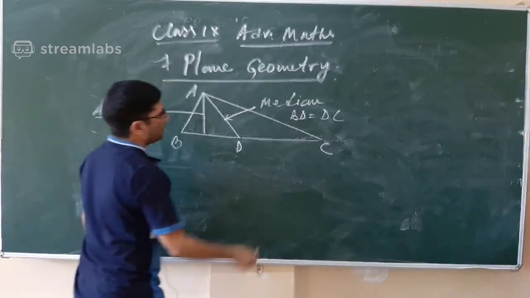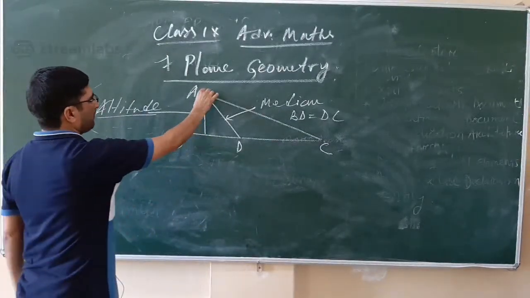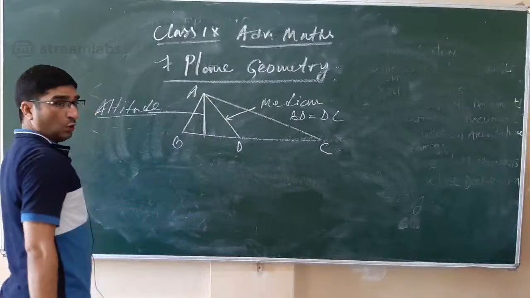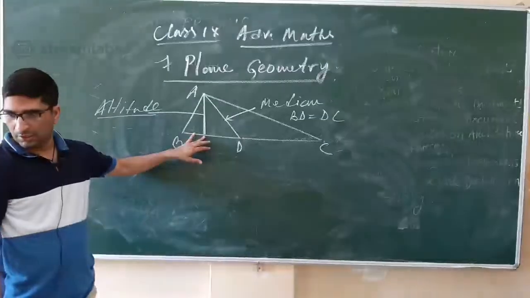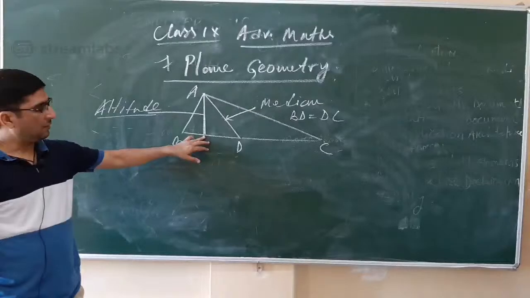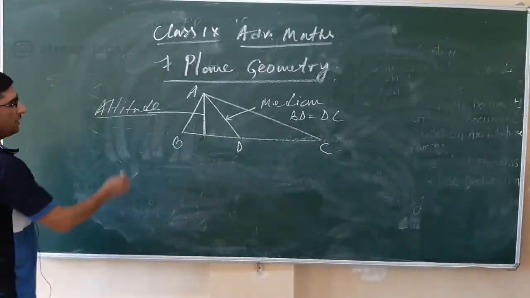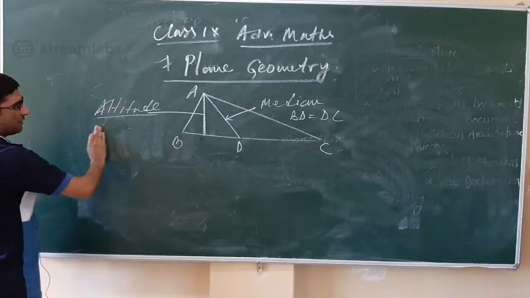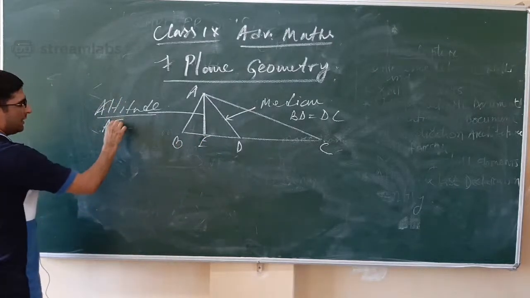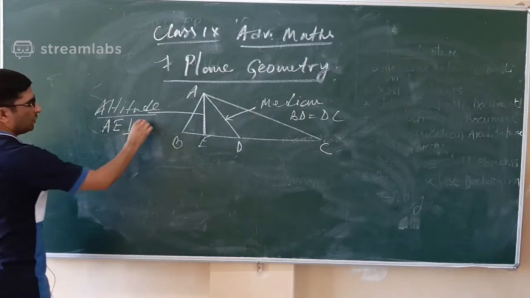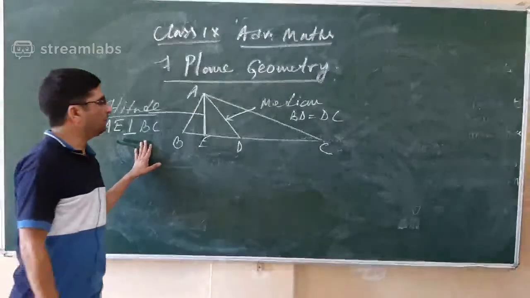So the first point is median, the second one is altitude. Altitude is the perpendicular from the vertex to the opposite side. Suppose E, this AE is perpendicular to BC.